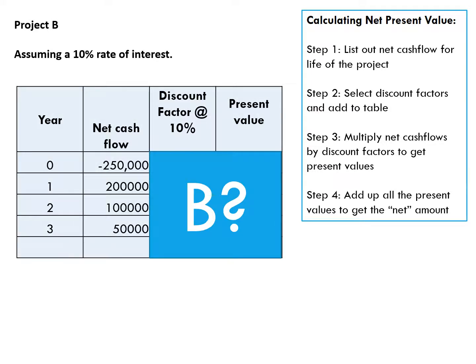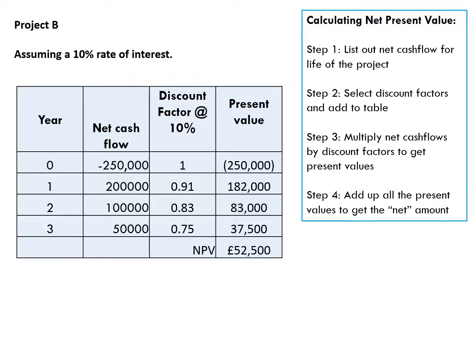Here are our years and net cash flows, and what I would like you to do is pause the video and see if you could work out what the net present value is for Project B. Well, let's see how you got on. Again, we need to put in the discount factors at a 10% rate of interest in the bank, and then we convert our future values to present values by multiplying across the net cash flow with the discount factor.